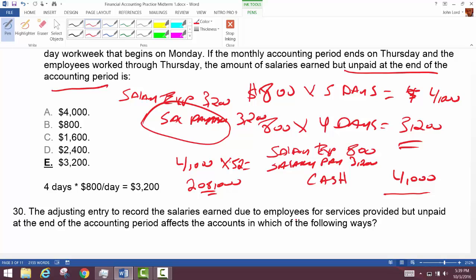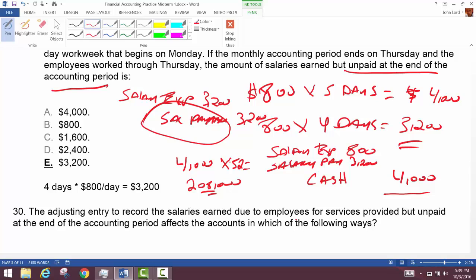I understand that question. I was rereading it to make sure I fully grasp it. I just wanted to know how come we put 800 under salaries payable? Because isn't it all just an expense? Who put 800 under salaries payable? I'm sorry. Salaries payable.